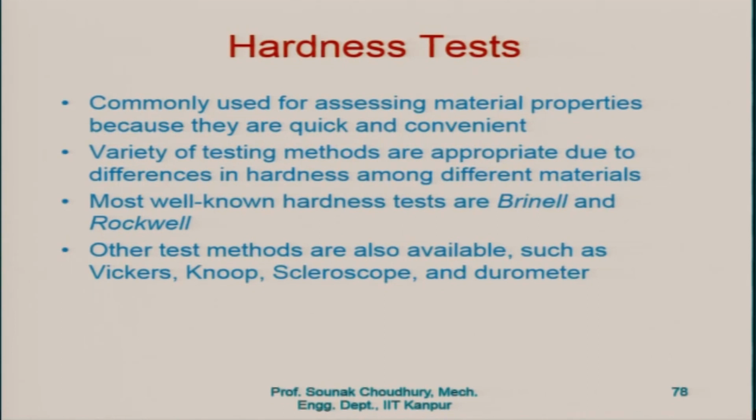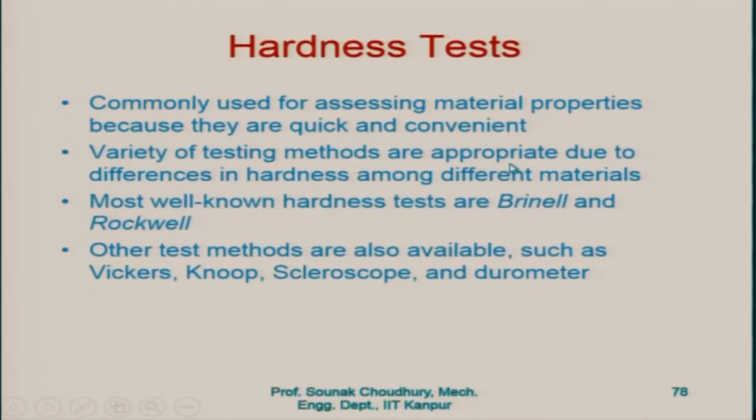This is the property we always use. Depending on that, we are going to use it for a certain combination of work and tool, for example, in machining. A variety of testing methods are appropriate due to differences in hardness among different materials.